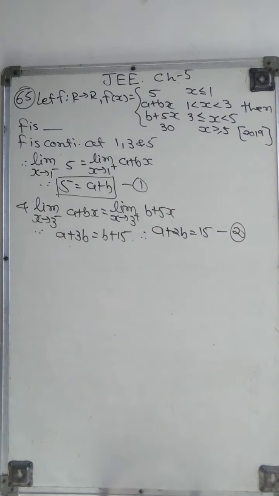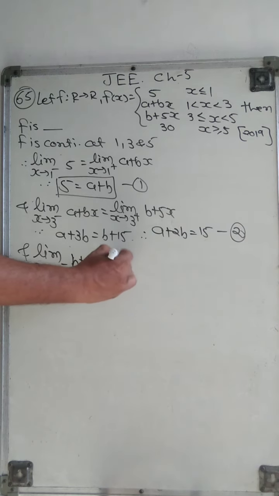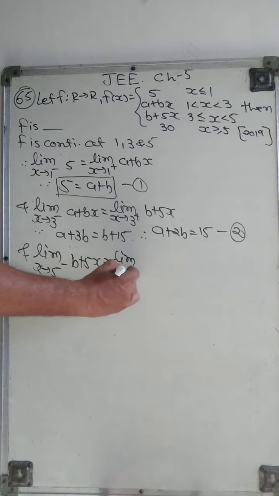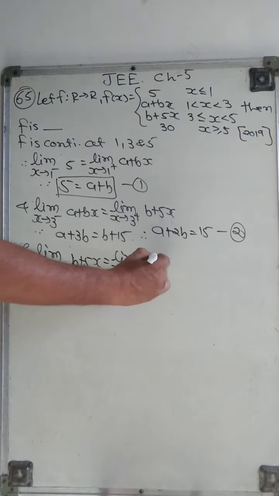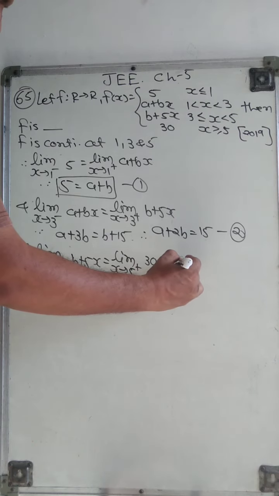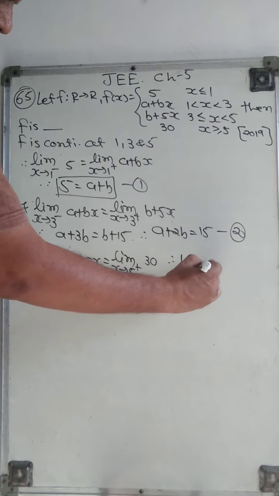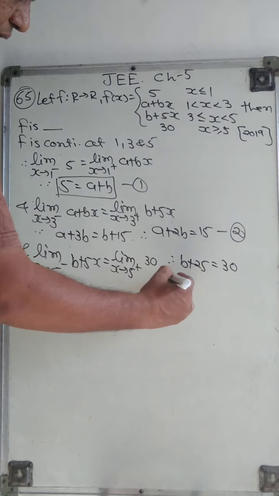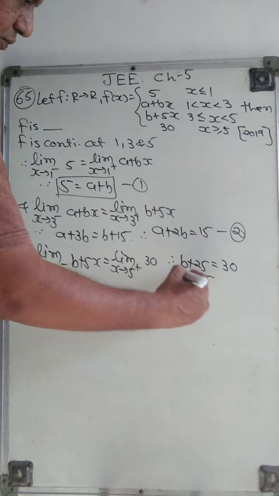Second. Now the third is limit x tends to 5 minus of b plus 5x is equal to limit x tends to 5 plus of 30. Therefore, b plus 25 is 30, means b is equal to 5.